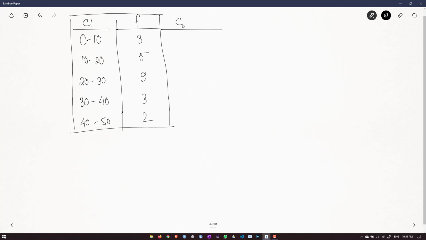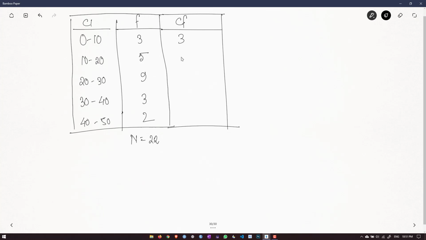So what is the first step? We will have to find out CF and total frequency. Now total frequency in this case is 3 plus 5 is 8, 8 plus 9 is 17, 17 plus 3 is 20, 20 plus 2 is 22. Now we need to calculate cumulative frequency.